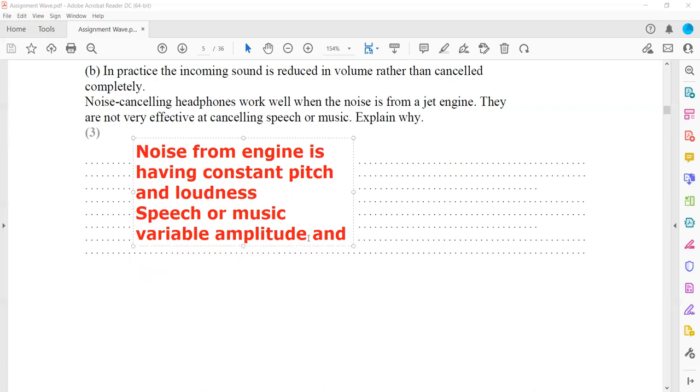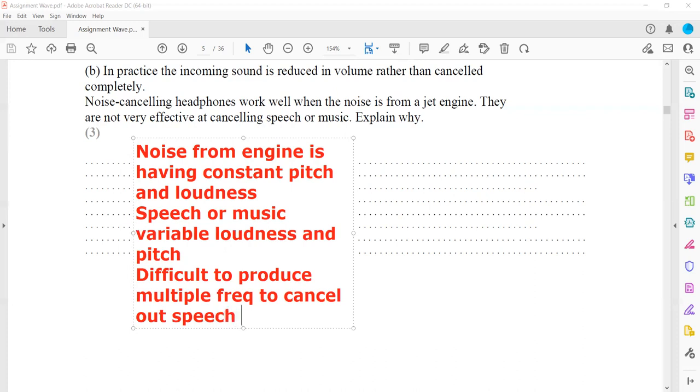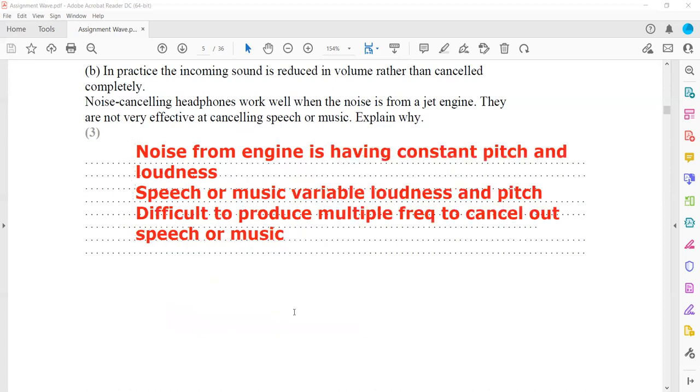That's why it is difficult to produce multiple frequencies to cancel out the speech or music. So it will work, but not effectively. It can reduce it, but it is not very effective in cancelling out the speech or the music.